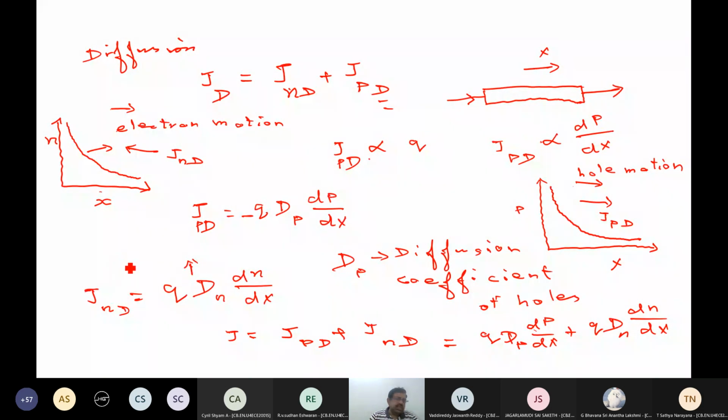Now I want you to be cautious about one thing, because the charge carriers move through the lattice, different materials will have different values of the diffusion coefficients for electrons and holes. So in a numerical problem, you will be given the diffusion coefficient for electrons and holes. You have to use that. Okay, so Dn stands for the diffusion coefficient of electrons.